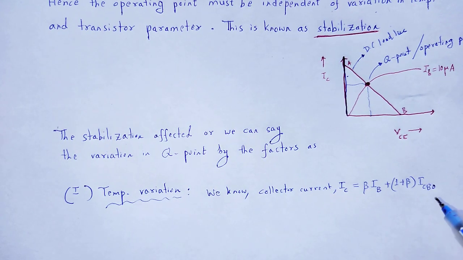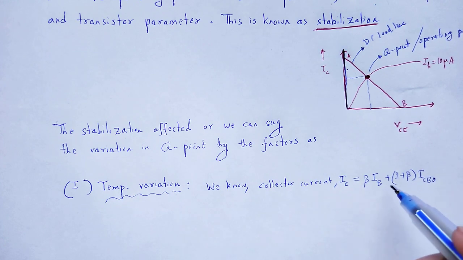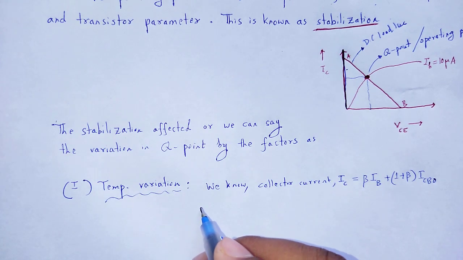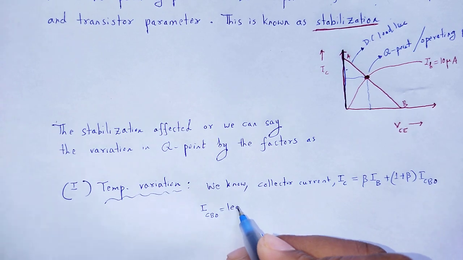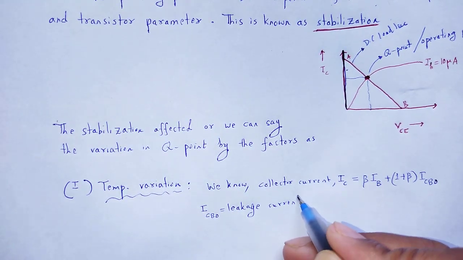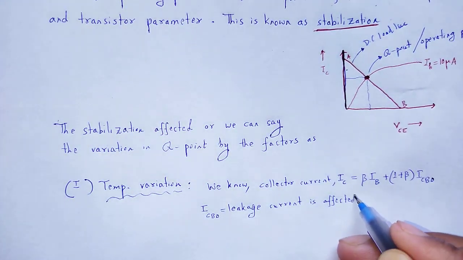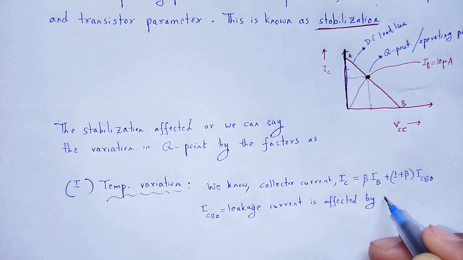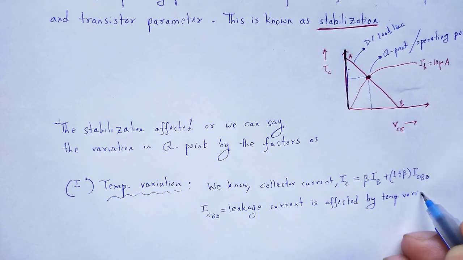From that expression, it is clear that ICBO, the leakage current, is affected by temperature variation.